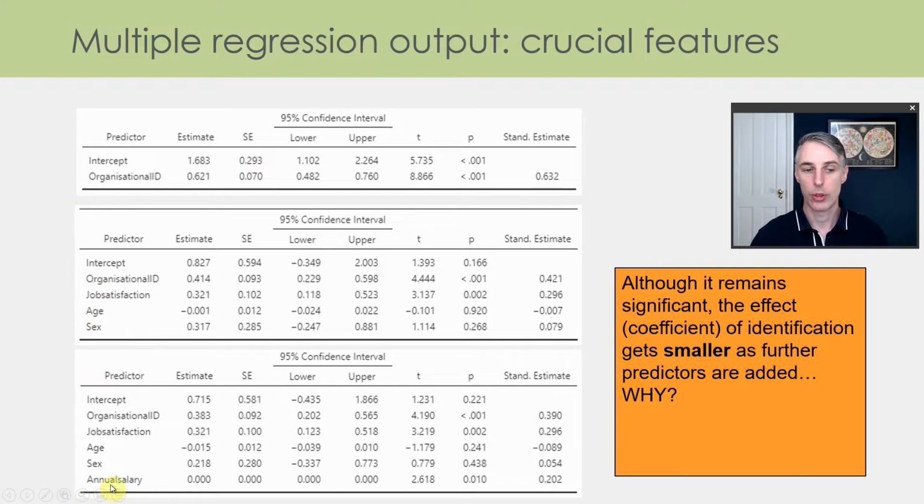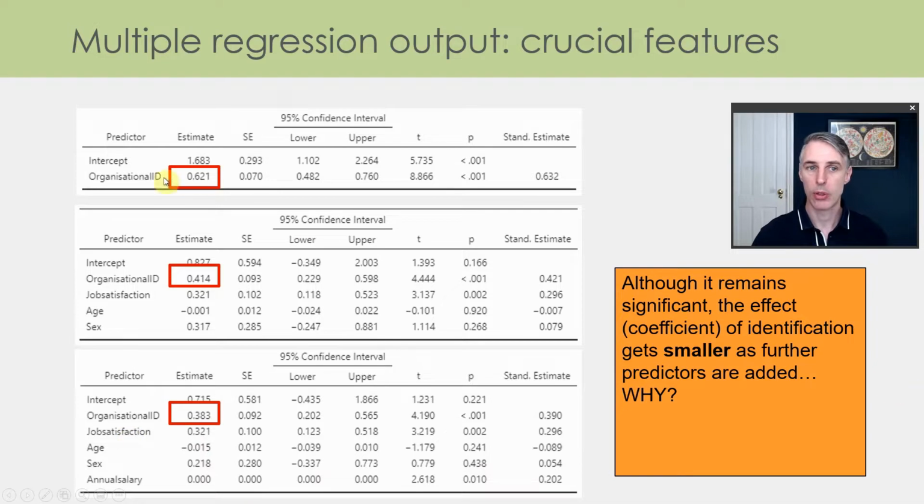And finally, the one that included annual salary. Now, a key thing I want to point out here is that although it remains significant throughout, the coefficient of identification gets smaller as additional predictors are added to the model. So it actually falls from about 0.62 right down to about 0.38 when you're also adjusting for these other predictors.